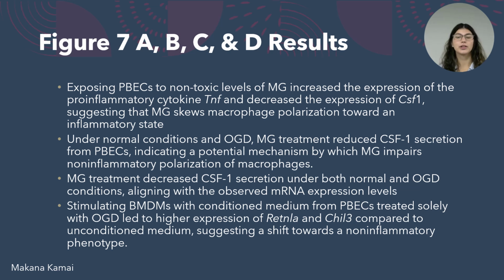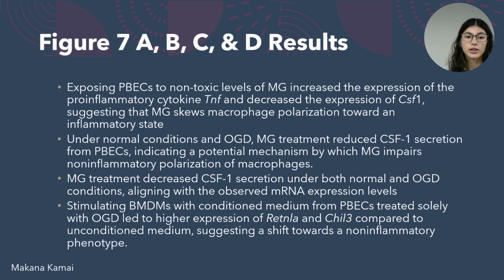Okay, now we're going to be looking over the results of figure 7, A, B, C, and D. So for figure 7A, treatment of primary brain endothelial cells, or PBECs, with MG increased the expression of the pro-inflammatory cytokine TNF and decreased the expression of colony stimulating factor 1, or CSF1, which suggests that MG skews macrophage polarization towards an inflammatory state.